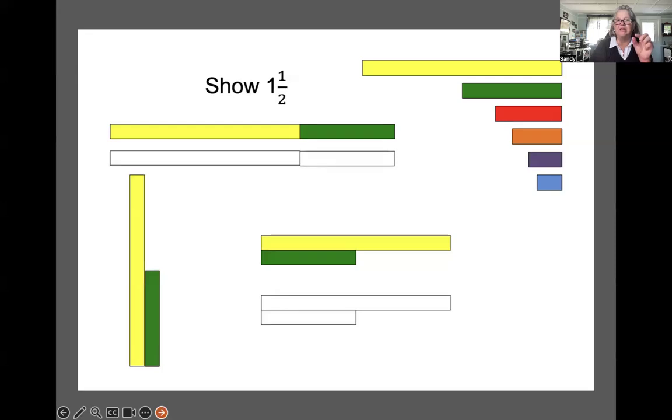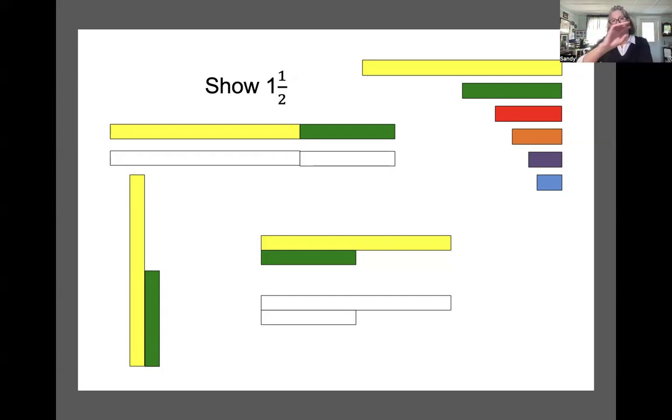Let's look at the top one. They tend to draw that nice, long, elongated one. That bottom one that they're looking at, where you have the whole with the 1/2 underneath, it's easier for us to see the relationship between the half and the whole than when it is elongated.